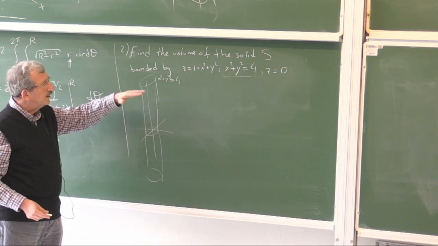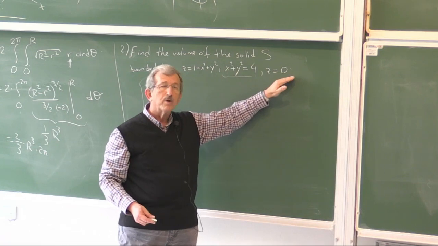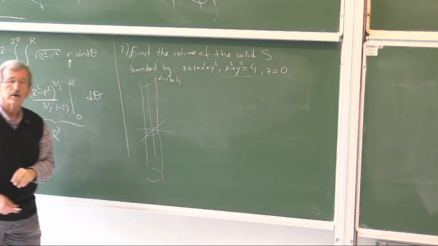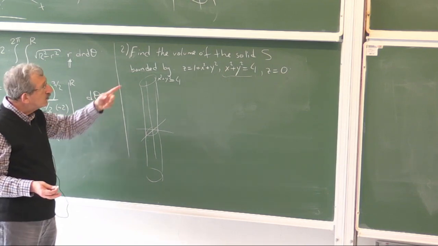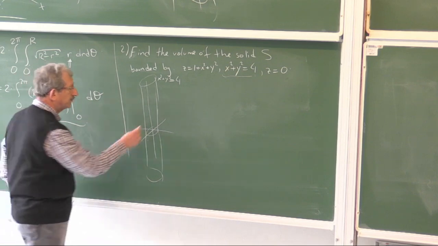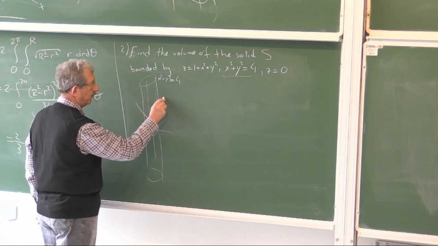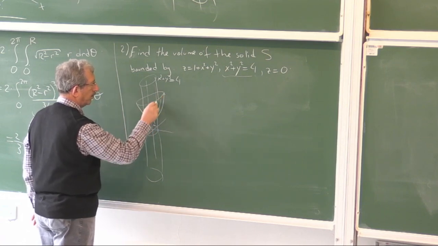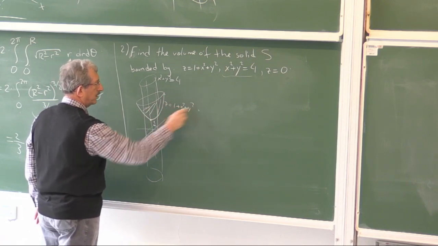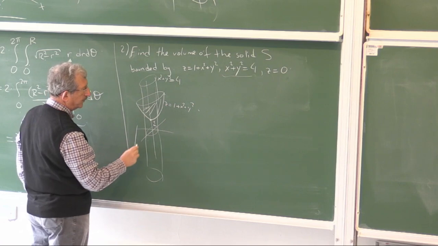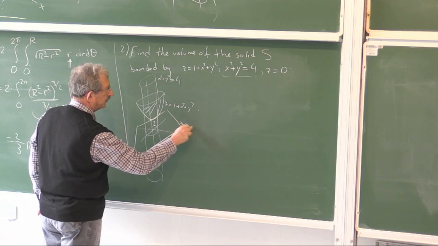Well, clearly, 1 plus x squared plus y squared is always greater than 0. So this is the top one. Well, it's a paraboloid. Because of the 1, it's shifted up a little bit, up to the level 1, and it's a paraboloid of this form. And at the bottom we have a plane, z equals 0.